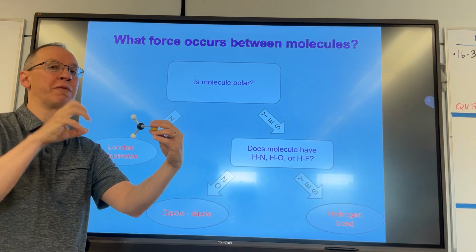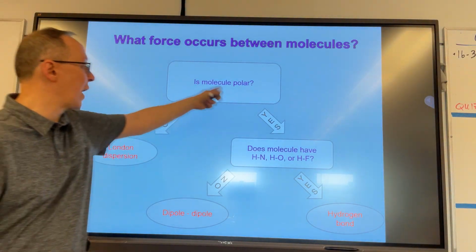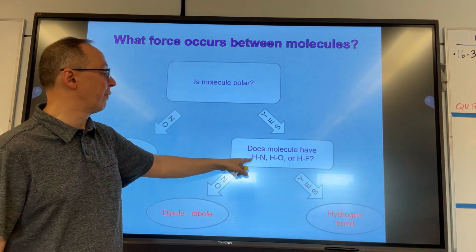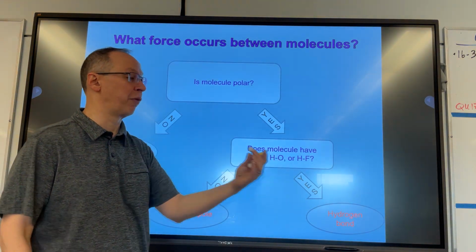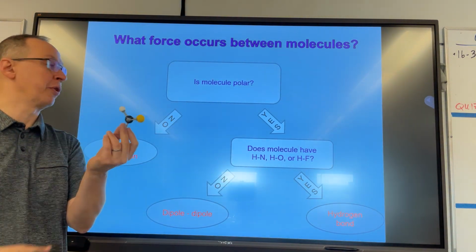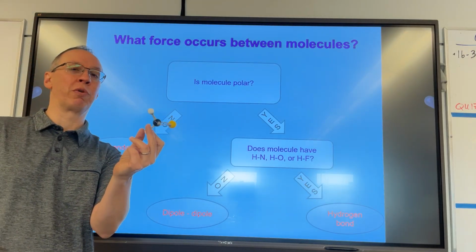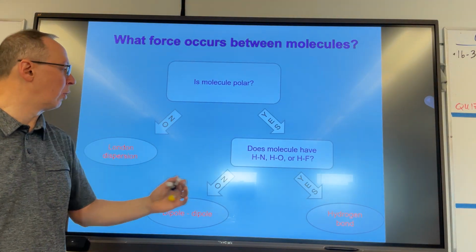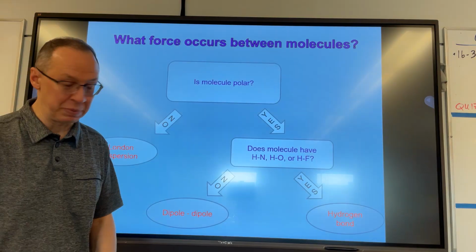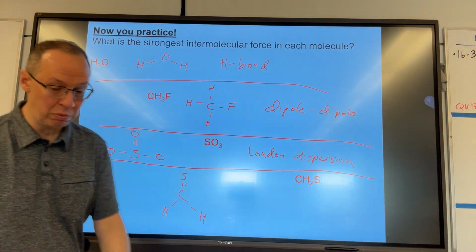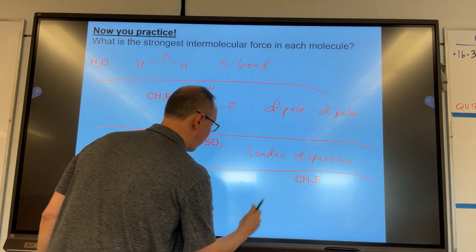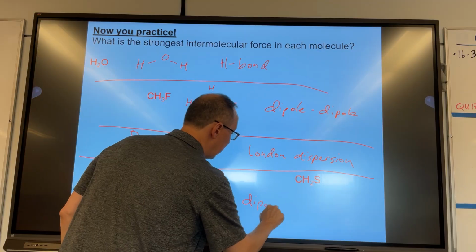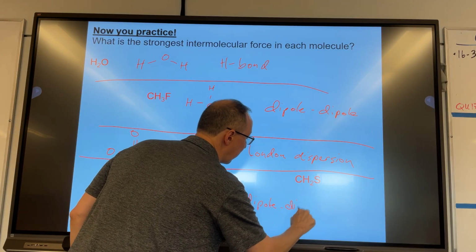It's pulling differently for electrons. So we would say yes. Does it have a hydrogen bonded to a nitrogen, oxygen, or fluorine? The answer is no. There's not even a nitrogen, oxygen, or fluorine in this structure. So if the answer is no, this again becomes a dipole-dipole. And so that is the strongest intermolecular force in that structure.